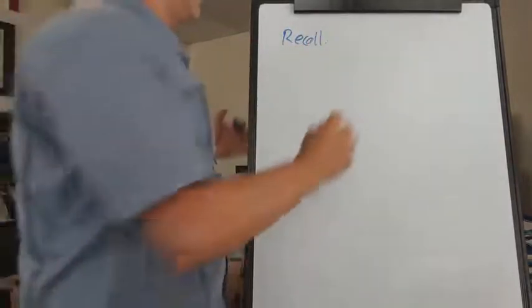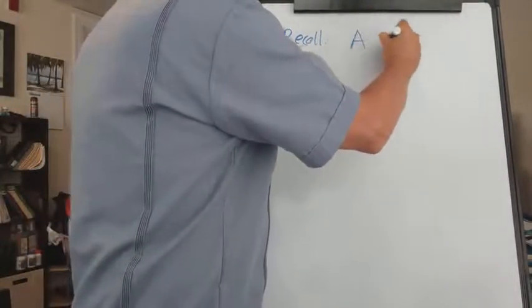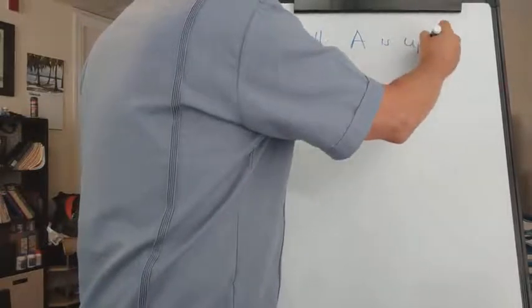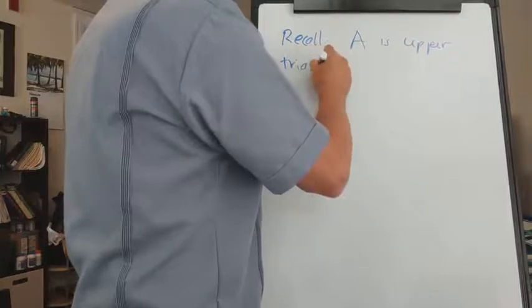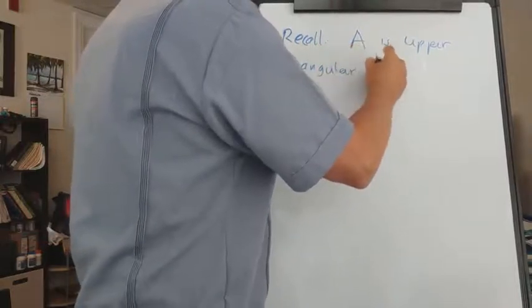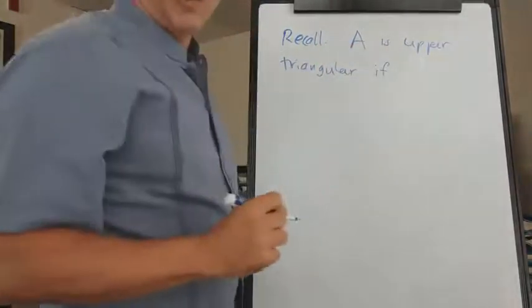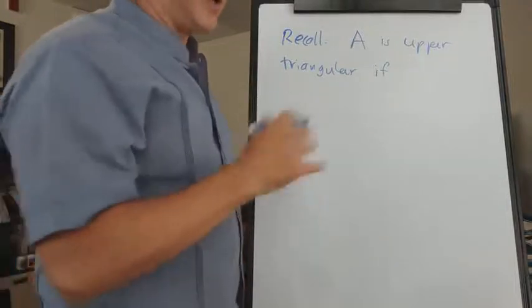So recall that A is upper triangular if all of the non-zero entries occur on and above the diagonal.